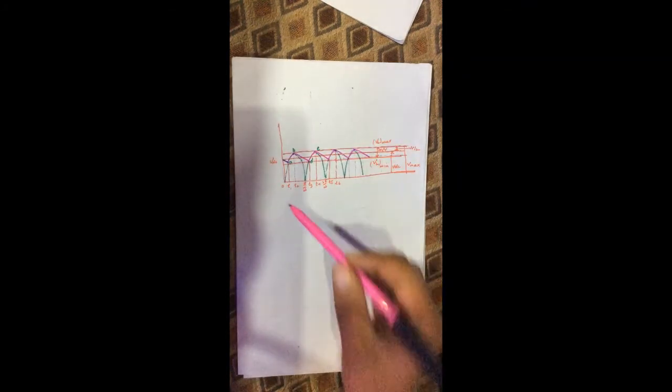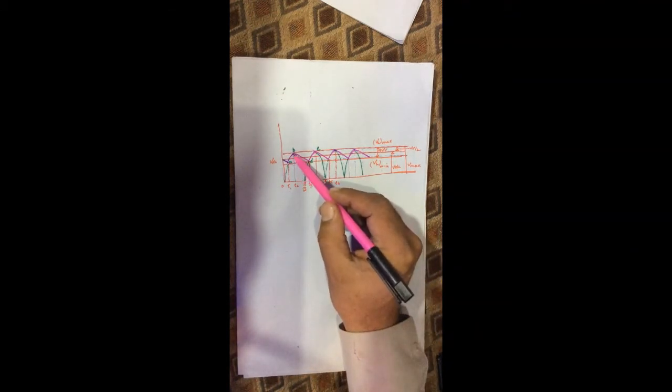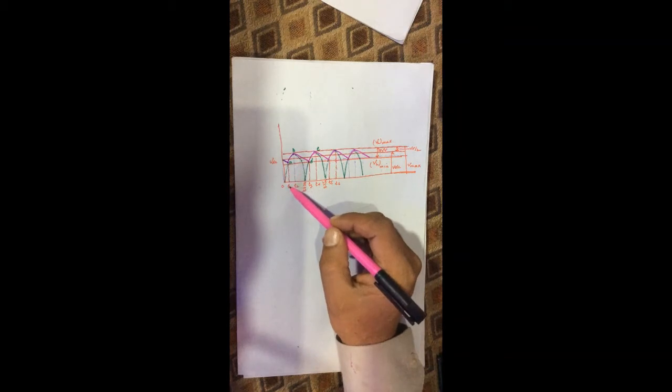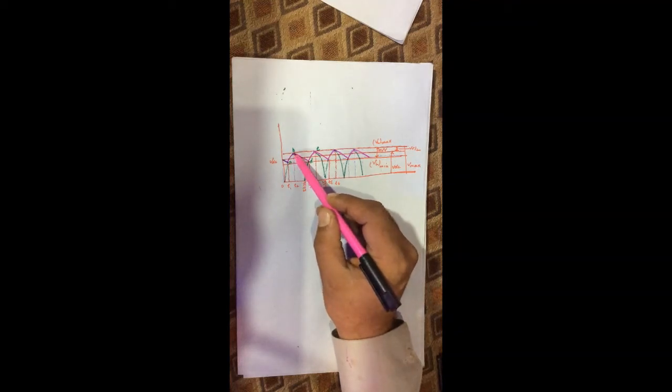At time t equal to t1, like the charging of the capacitor started from here, diode D1 starts conducting, because diode D1 is forward biased, and it will charge the capacitor to the peak value of the output voltage, to this value.